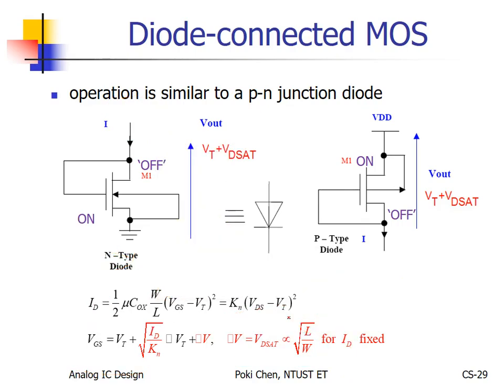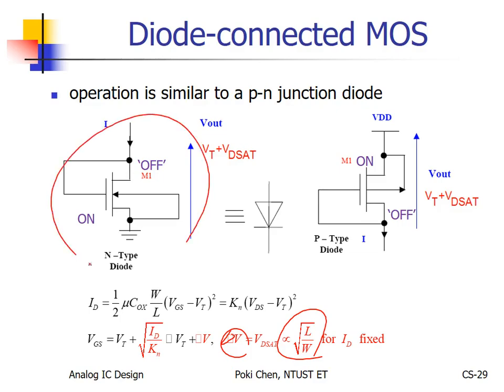Please memorize it, because it's very easy to remember. Delta V is proportional to the square root of L over W. The longer, the larger the delta V. That is what I would like to tell you.